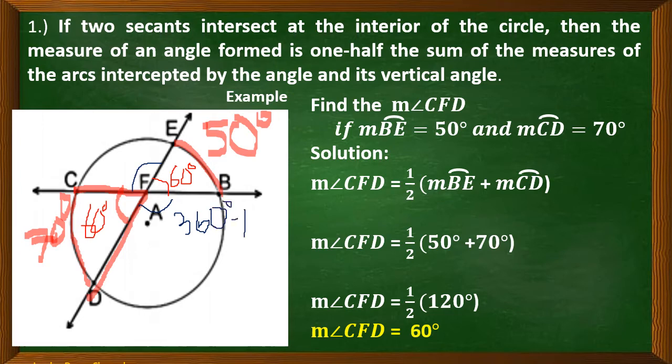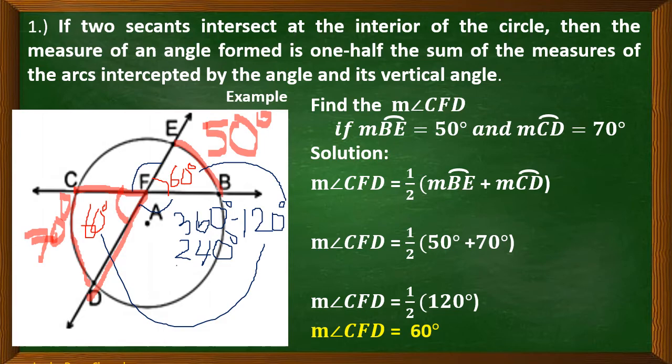minus 120 degrees. Where did we get this 120 degrees? 120 degrees is actually the sum of the two vertical angles. So 60 plus 60 is 120. And 360 degrees minus 120 is 240 degrees. So it means that the sum of the two angles, this angle and this angle here, is 240 degrees.